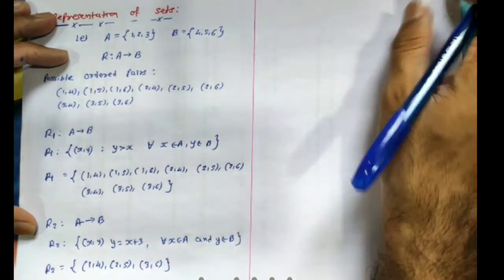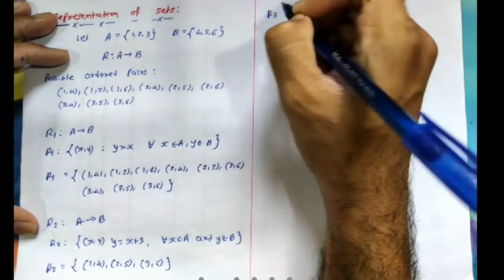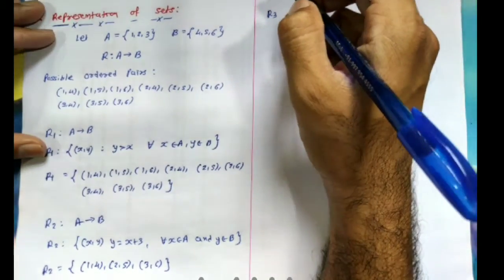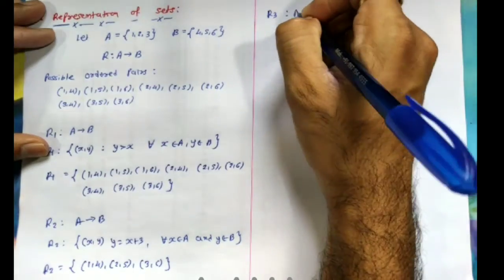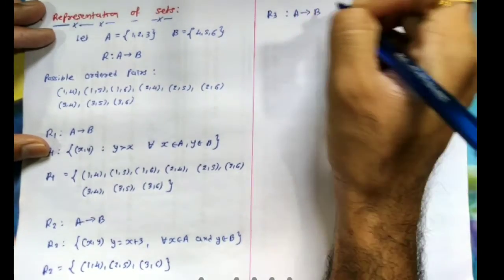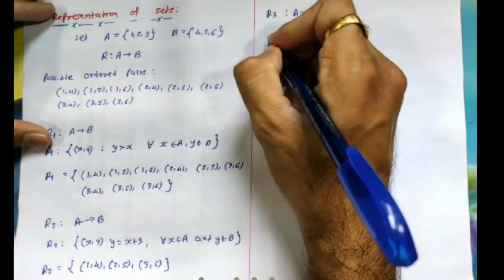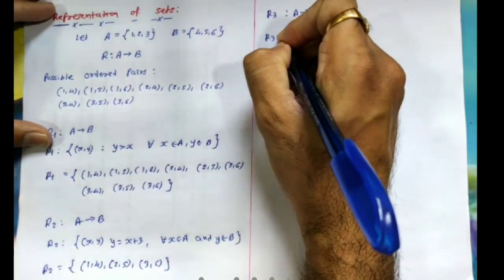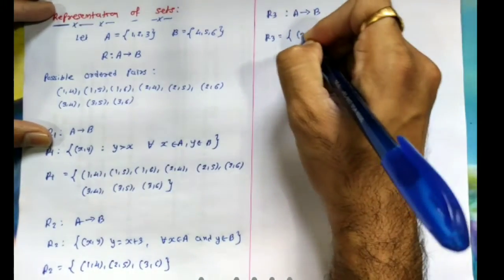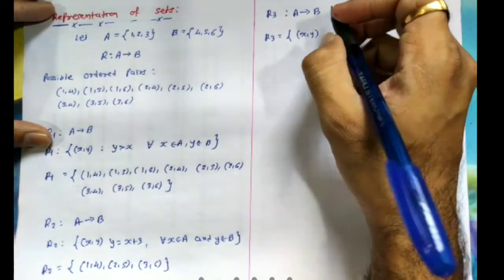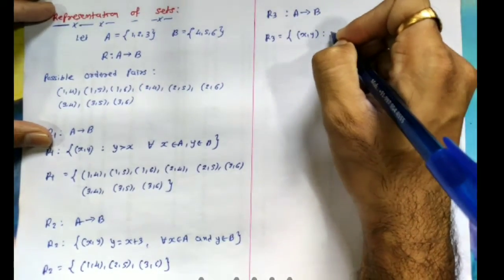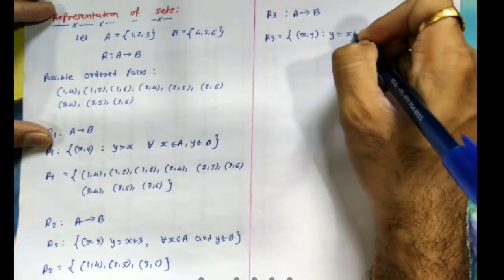Then we described one relation which is R3. R3 is a relationship from set A to set B, and the description is that R3 is the set of ordered pairs (x, y) in which y equals x plus 4.